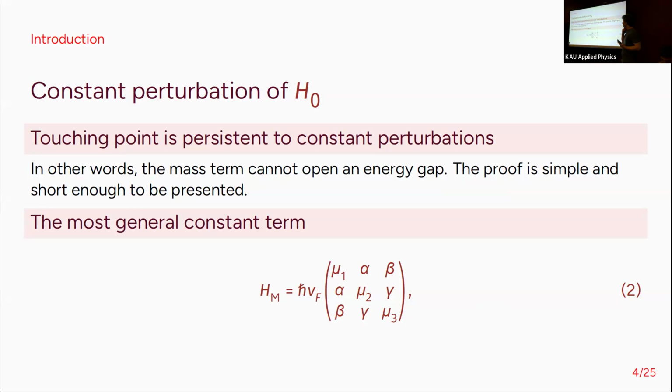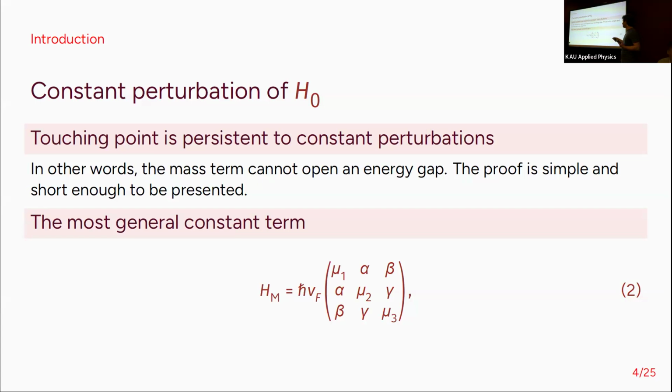It can be done via the constant mass term, and we will show that any constant perturbation cannot open an energy gap. Any perturbation can be expanded in the Taylor series, and the first term of the Taylor series is constant. So it is the most important one.